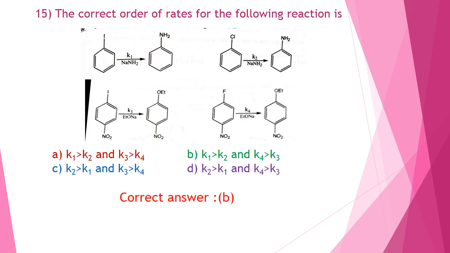In the third and fourth reactions, the electronegativity of the group should be considered. If F is more electronegative than I, more electrophilicity is created at the reaction center, then K4 is greater than K3. The correct answer for this question is B, and the explanation is also given in the next slide.